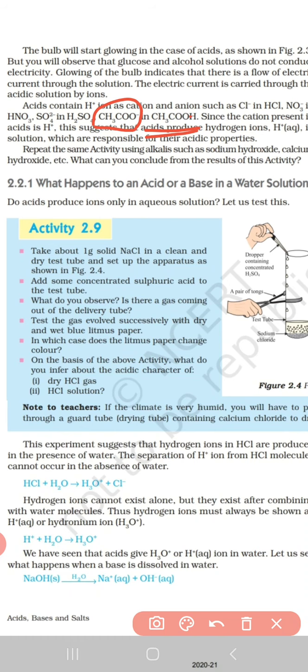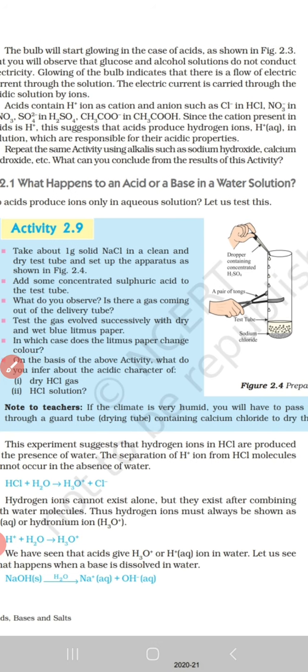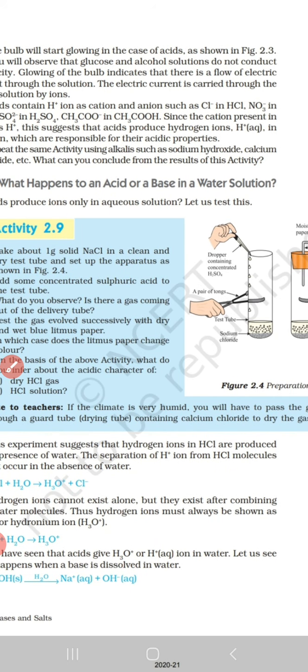Acetic acid, when it dissociates, also gives an anion. So when an acid dissociates in aqueous solution, it gives H plus ions, and so there is generation of electricity. And in the case of alcohol and glucose, electricity is not generated, that is, there is no conduction of electricity.